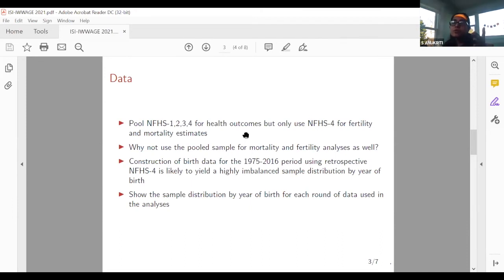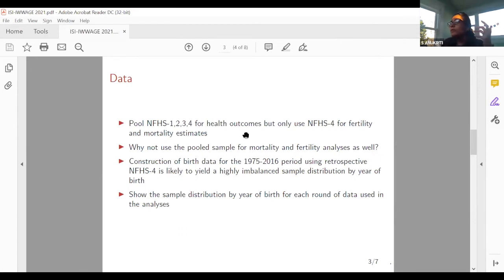If you actually plot the sample distribution of years of birth for your births in the sample, you're going to see that the years before 1996 are going to be just much smaller, because you're looking at women who are 15 to 49 in 2015-16 and retrospectively getting their birth history, right? Not only does that create problems for an unbalanced sample, but it also creates recall error and lots of other things.